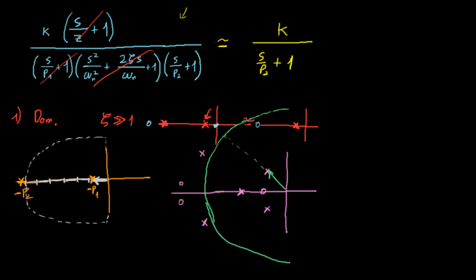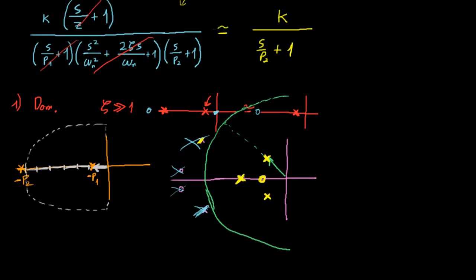Now, in the reduced order approximation, we would have to keep the two dominant poles, but also this zero and this pole, but we could disregard these others. We don't care about those. So we would get a third order reduced transfer function.